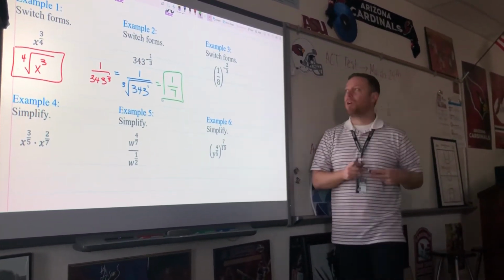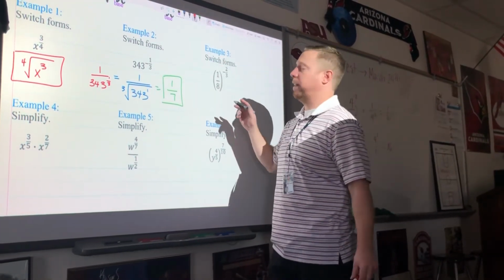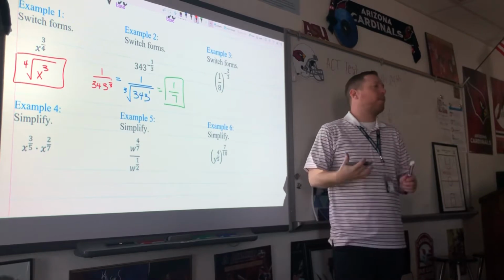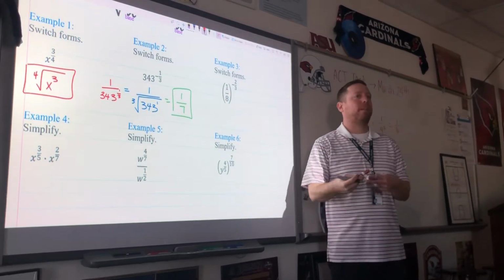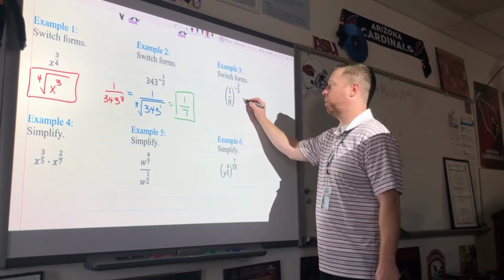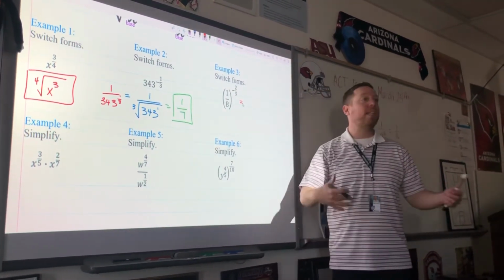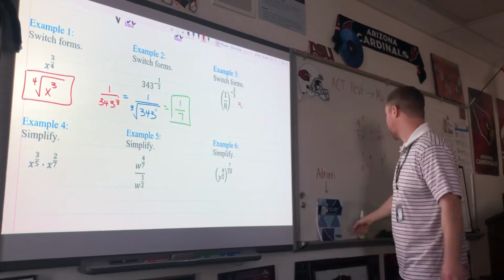All right, let's keep going. I'm going to write out a step here that you don't need to write out, but I think it helps you understand it, it helps you get to that point. There is an exponent rule that says if you have a fraction raised to some exponent, you give that exponent to the numerator and the denominator.